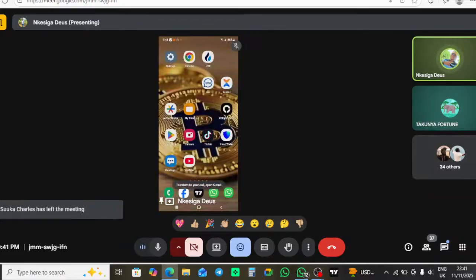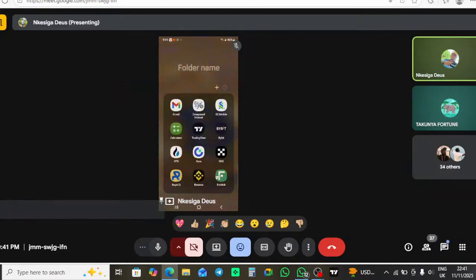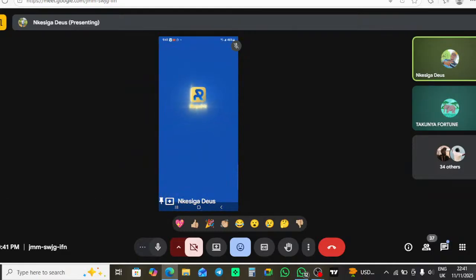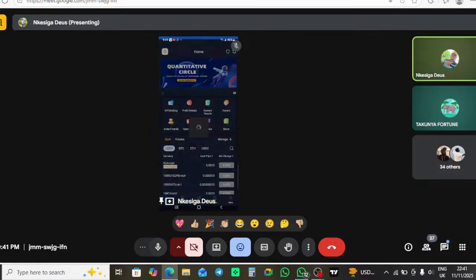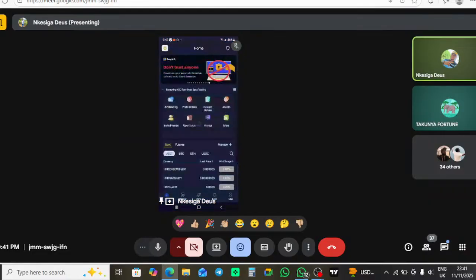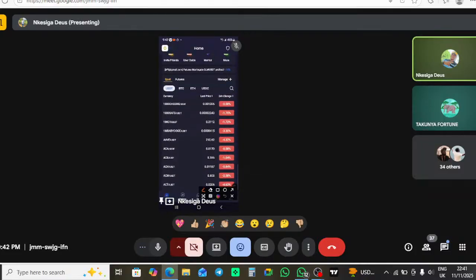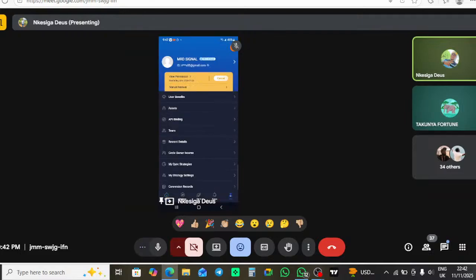So what we are going to do is, one, this is our Royocho. And now, this is where we put the strategies. Are you seeing this word mine? It's where we put the strategies.